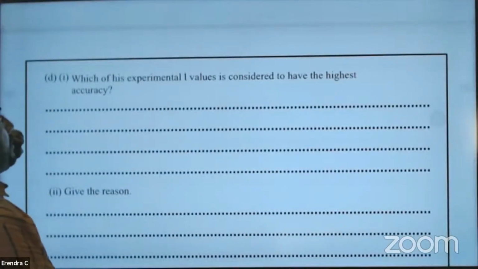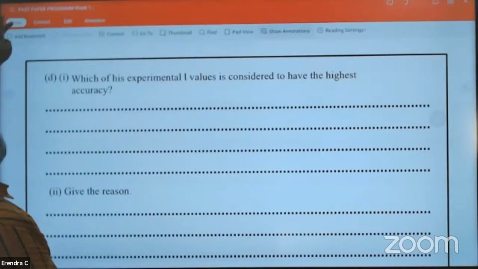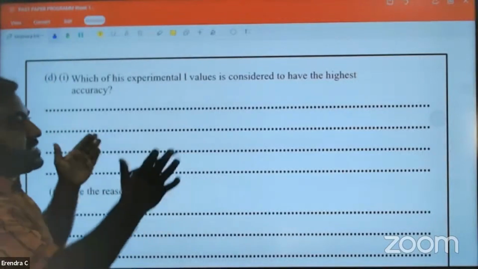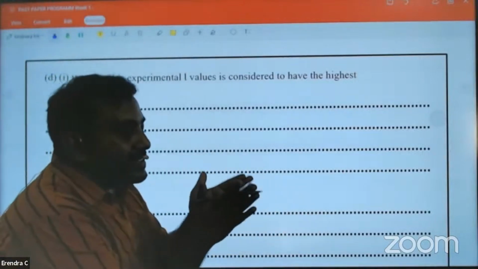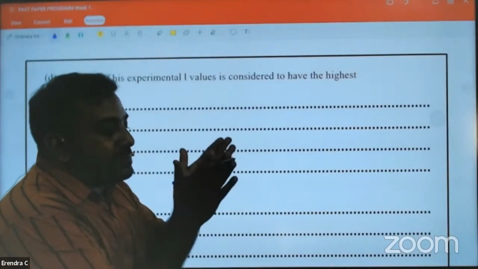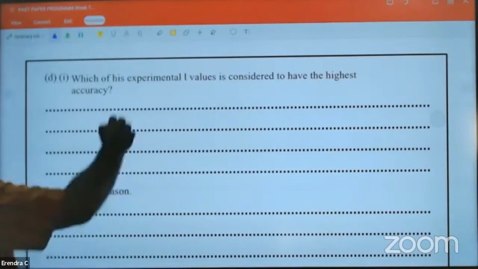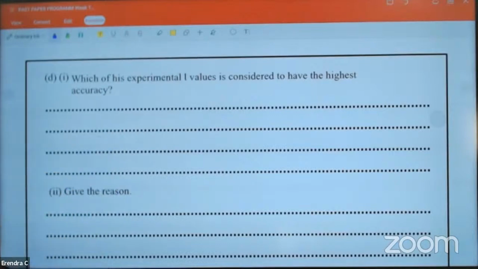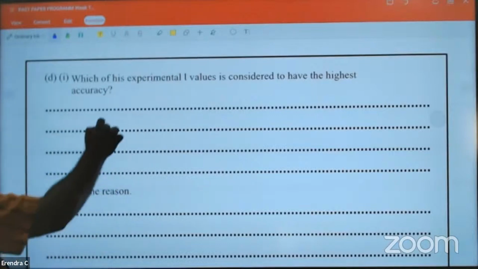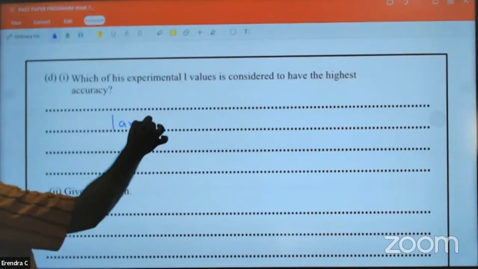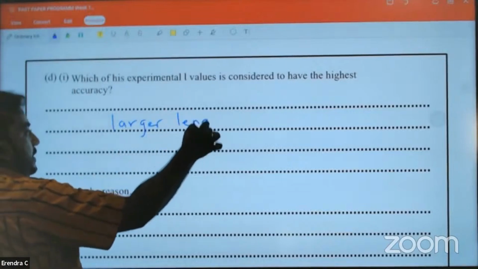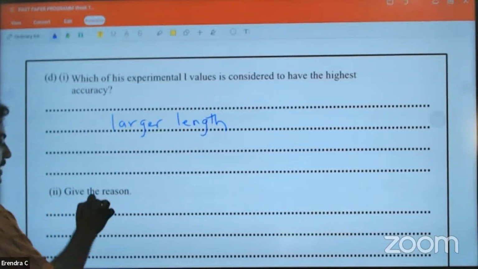Which of these experimental L values is considered to have the highest accuracy? The larger the length, the smaller the fractional error, and the smaller the fractional error, the greater the accuracy. So here the answer is larger length. What's the reason?